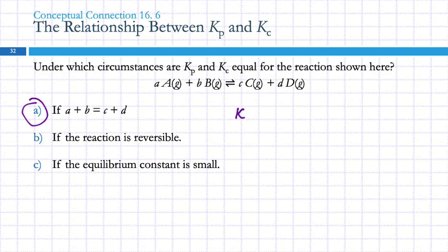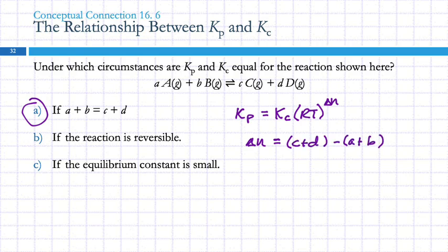Because Kp is equal to Kc when delta N is 0. Delta N is C plus D minus A plus B. Any questions?